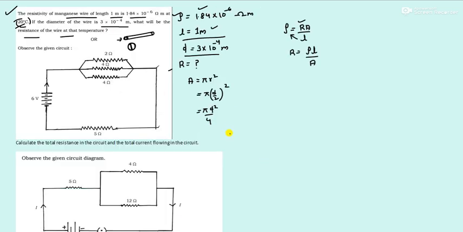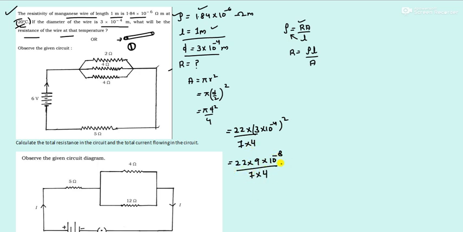So just substitute this. Pi is 22 by 7 into 1 by 4 into the diameter, write it twice, so 3 × 10^-4 whole square. Now this becomes 22 into 3 3s are 9, and this becomes 10^-8, divided by 7 into 4.